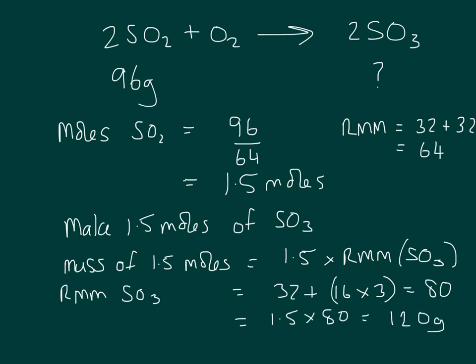So therefore we have worked out that 96 grams of sulfur dioxide, which is 1.5 moles, makes 1.5 moles of sulfur trioxide, and 1.5 moles of sulfur trioxide has mass 120 grams. So we can cross that out, 120 grams.